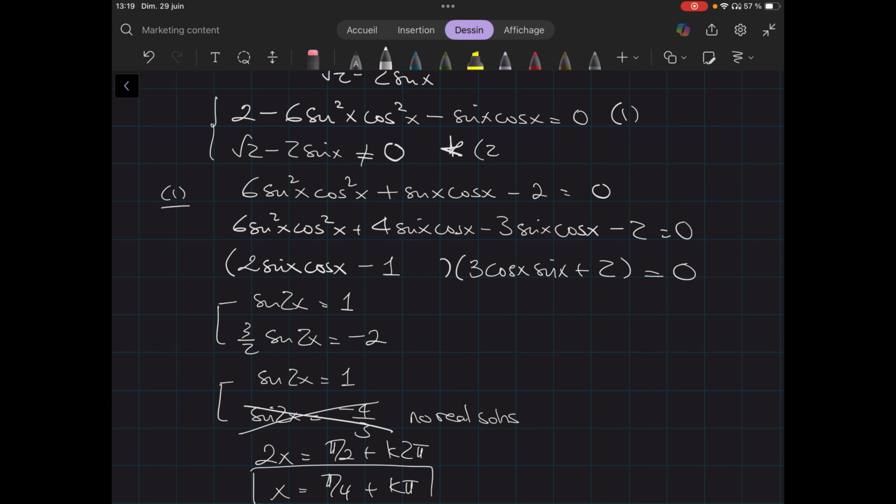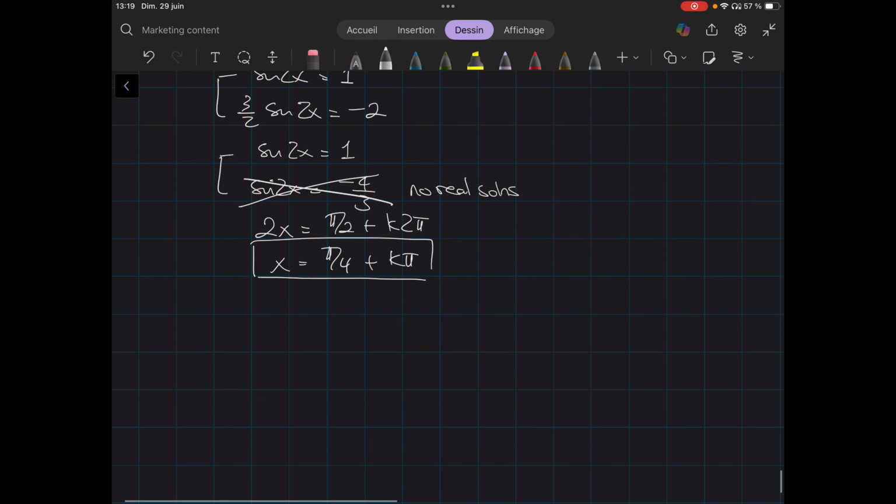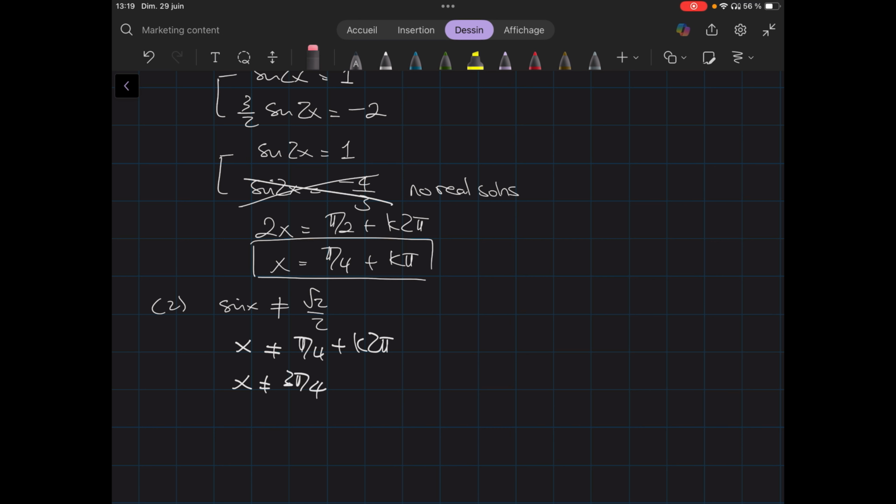now we're going to go back and solve number 2. Sine of x must not be equal to root 2/2. That means that x must not be equal to pi/4 plus k2 pi, or x must not be equal to 3 pi/4 plus k2 pi.